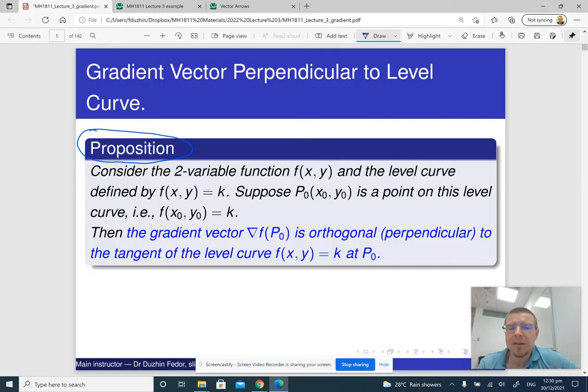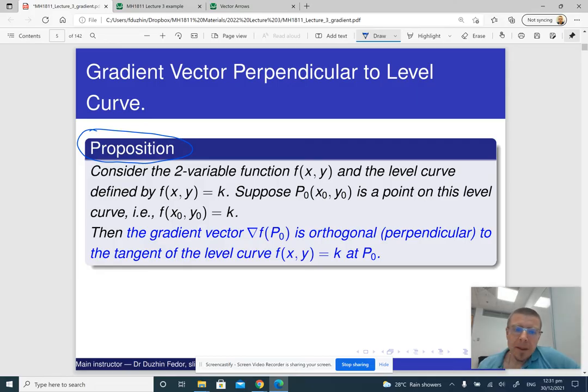As I said, these slides were mostly developed by Dr. Tangyok Chu, but now I'm taking over. She has retired. So the word proposition here is a mathematical statement, essentially the same thing as a theorem or a lemma or just a statement.